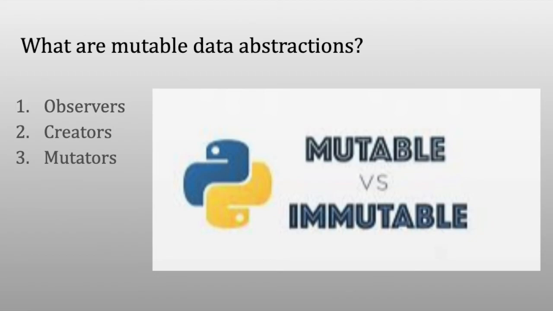Creators are operations that construct new abstract values, but if there are two identical calls to a creator, it will not return the same value. And finally, mutators are operations that change the mutable abstract value in some way. And even though they primarily function as a mutation, sometimes mutators may return information about what has happened as well.